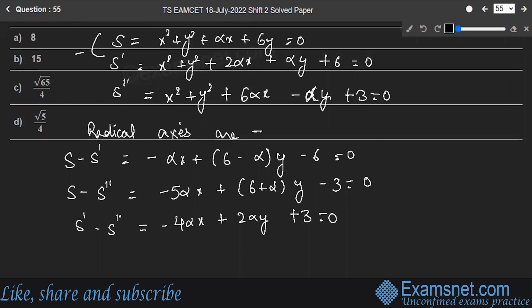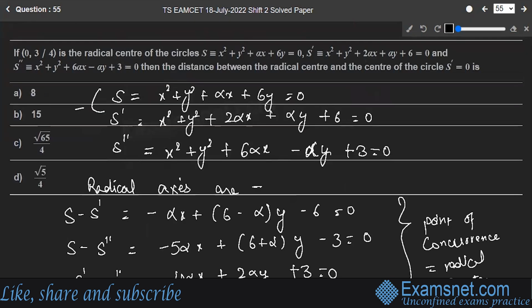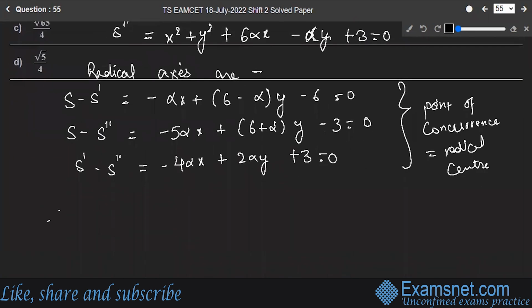Now you know the radical center is the point of concurrence of the three radical axes. So their point of concurrence is the radical center, right? So (0, 3 by 4), this is the radical center, and therefore this will satisfy S minus S dash equals 0, right?